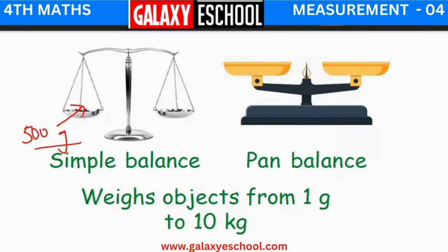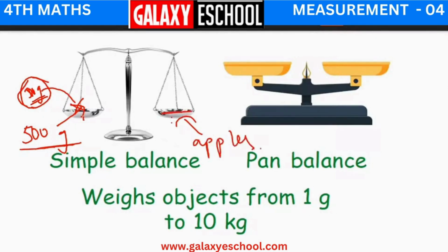Yes children, if you ever went to a vegetable market, you can observe that they will have some stones like this with the markings of 500 grams, 1 kg, 2 kg, 250 grams. So depending on that, now I want 500 grams. So I'll place 500 grams in this plate, and in the other plate, what do I want? I want apples. So they'll place apples here.